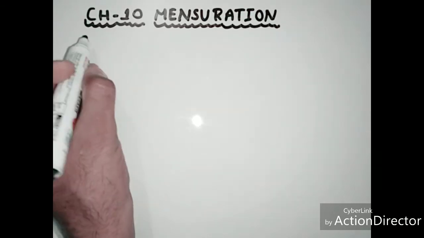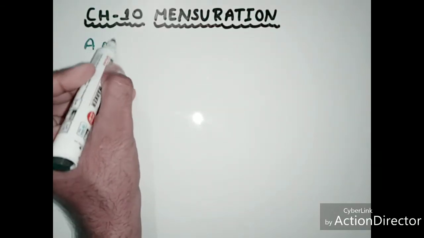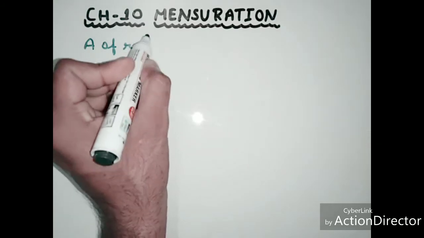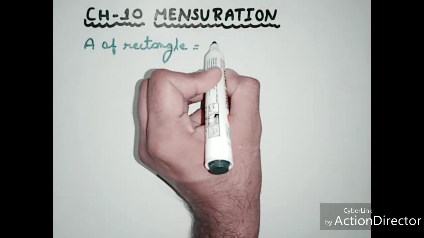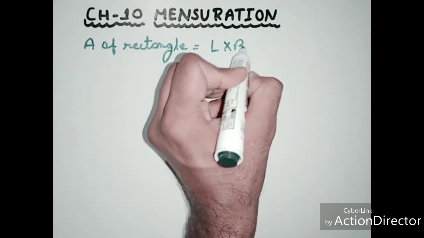Here we discuss the area of a rectangle and the area of a square. The formula for the area of a rectangle is equal to length into breadth.